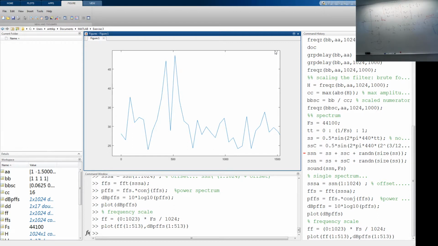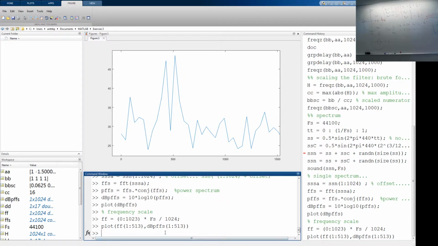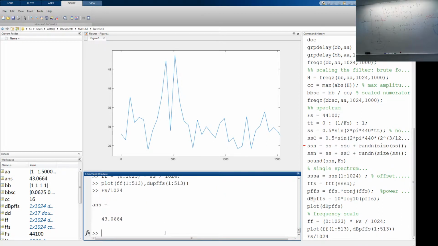So our frequencies were 440 hertz, roughly here, not exactly, because we have actually fs over 1024. This has 43 hertz resolution.